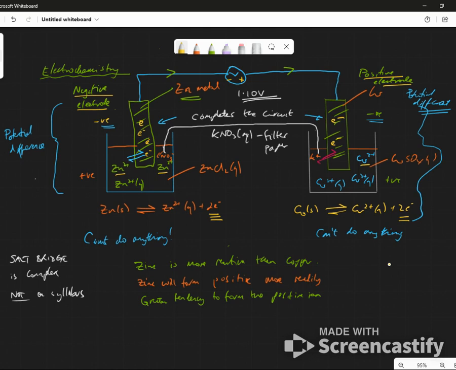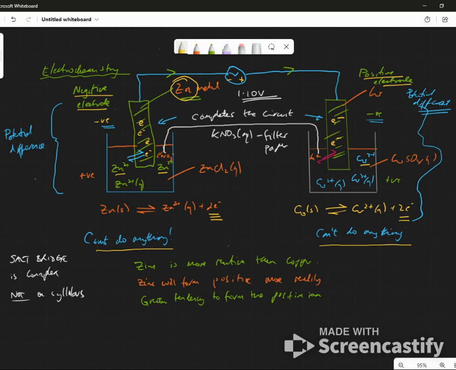So the potential difference is 1.1 volts, and the negative electrode is the zinc. Are we good there so far? That's what we can tell so far. But I don't really know what's going on here, because we can't measure the electrode potential of the zinc, and we can't measure the electrode potential of the copper.